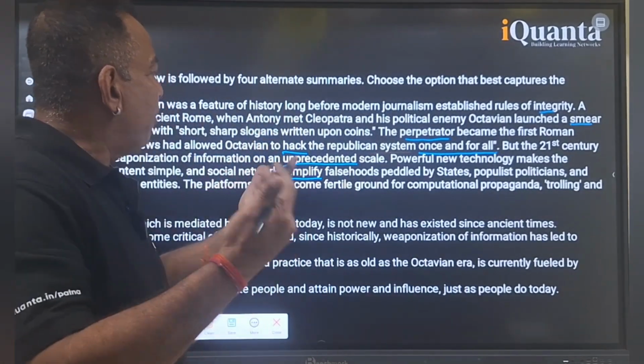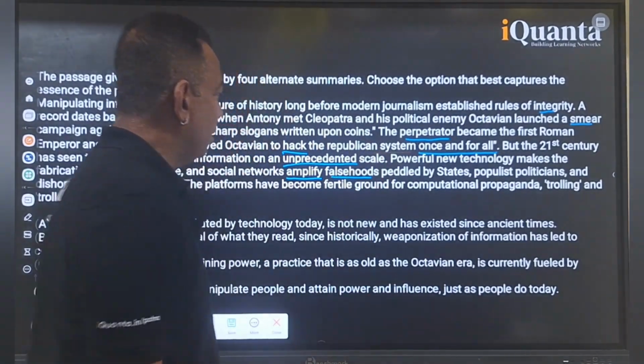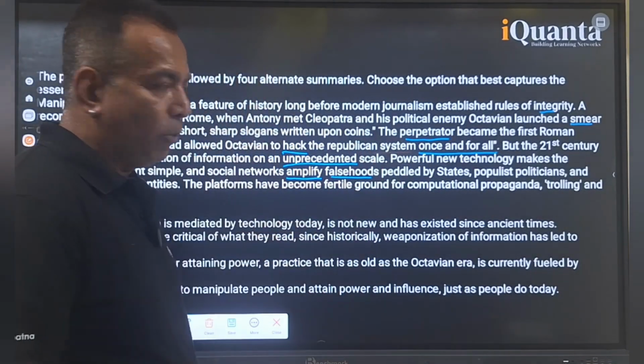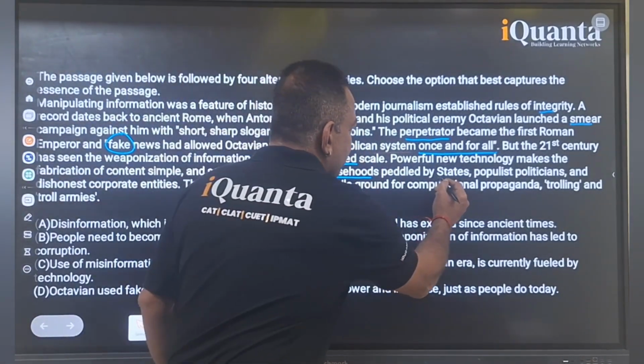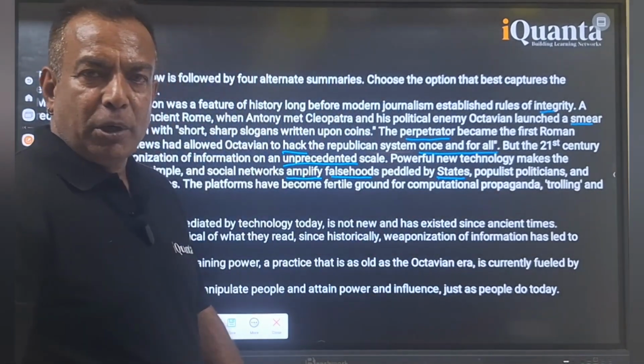Social networks amplify falsehood, that is wrong information, something that is wrong, peddled by states, supported by, pushed forward by states, that is government, populist politicians.